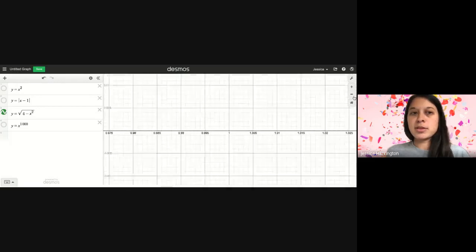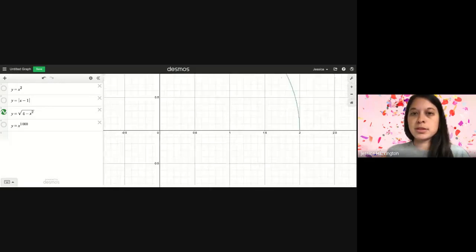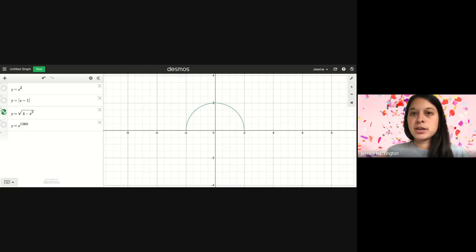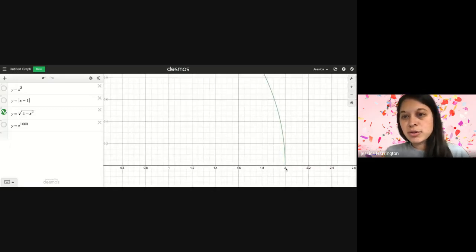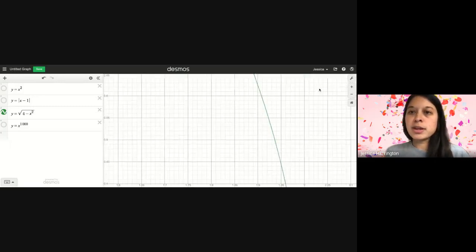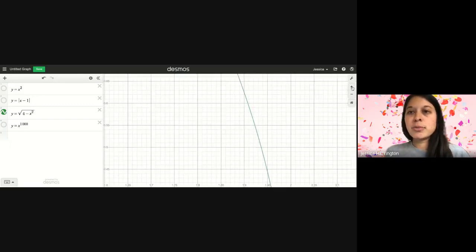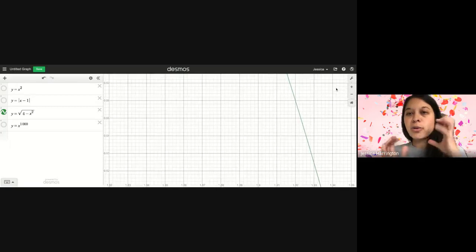I'm going to go to this square root of 4 minus x squared, this green function. If I could zoom out, it's a semicircle. And you can see if I zoom in on any point, so if I zoom in here at (2, 0), it's going to eventually look like a horizontal line. If I keep zooming in on any other point and you get close enough, you can approximate it as a line. You're just narrowing your interval, zooming in so that it's linear.